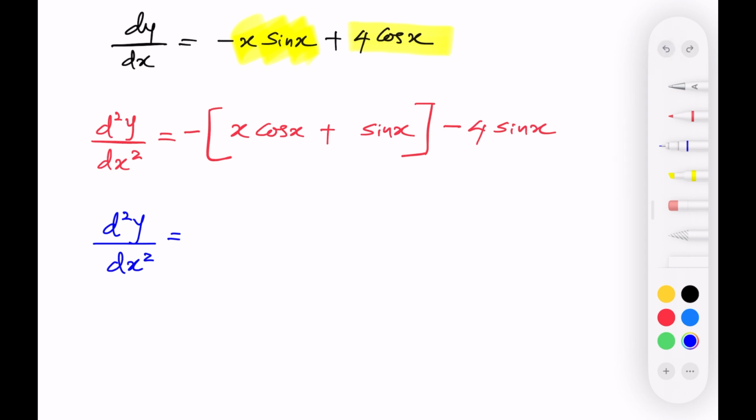When I do so, I have negative x times cosine x minus sine x, and I have minus 4 sine x remaining outside, which will be simplified to become minus 5 sine x. That's the answer for this problem.